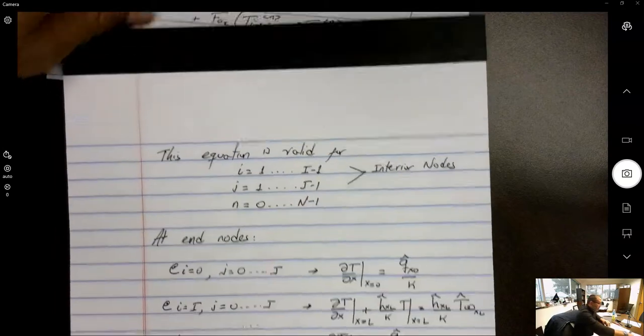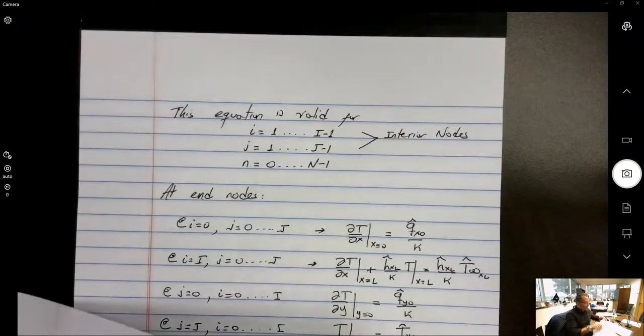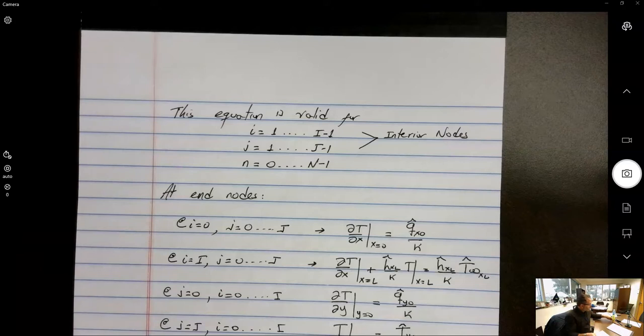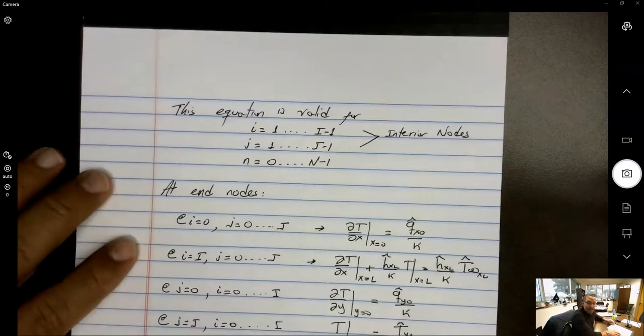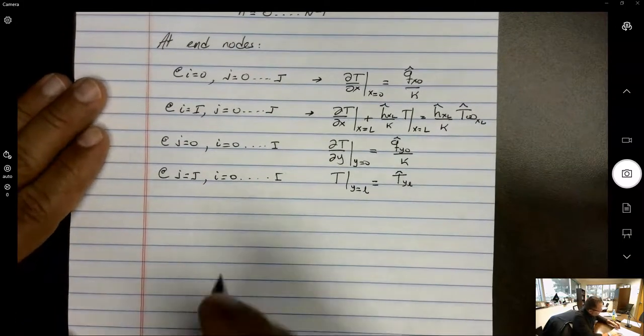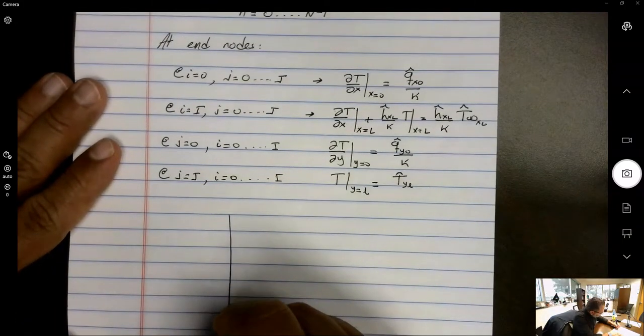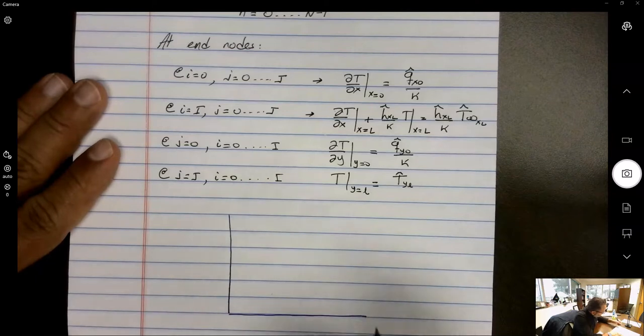Now, one thing that you may notice is that, actually let's draw a diagram here of what the finite differencing representation of this domain would look like.